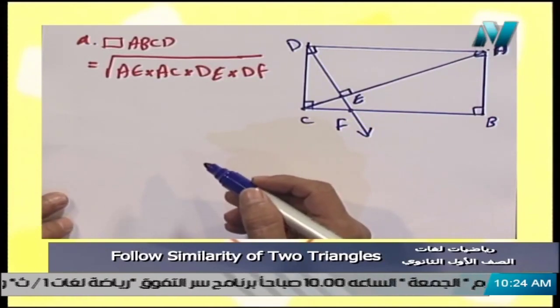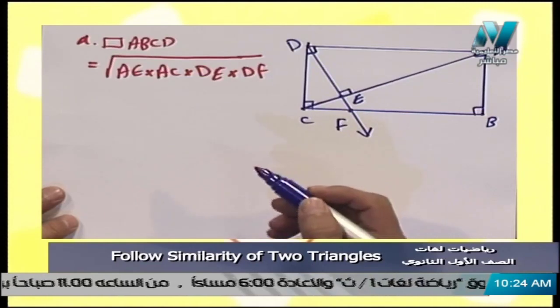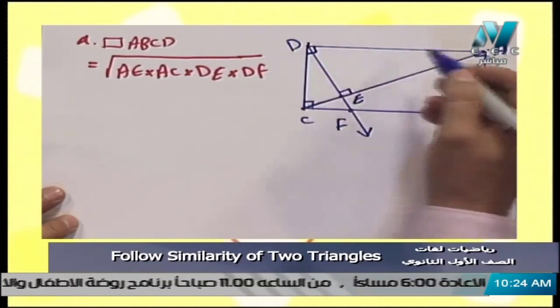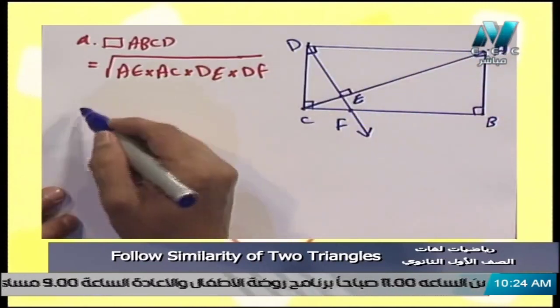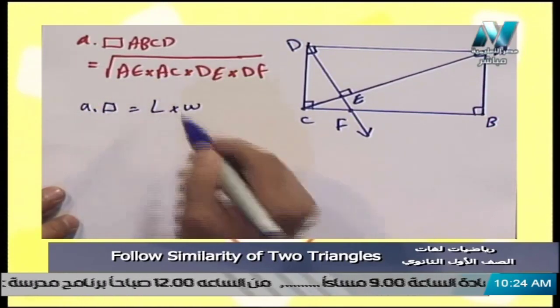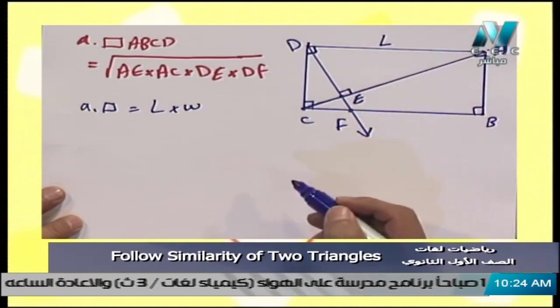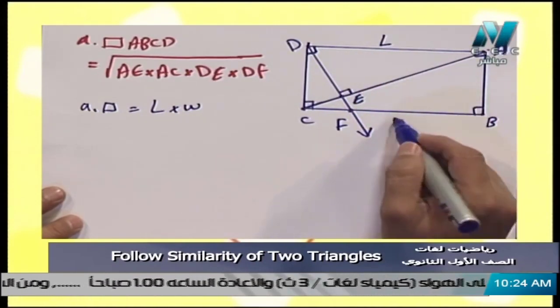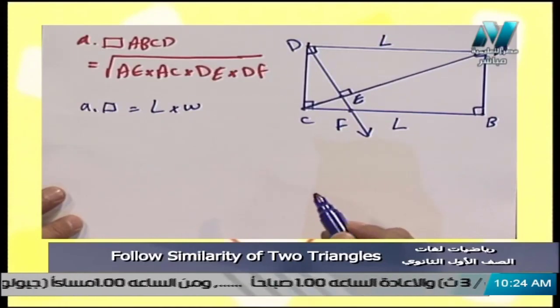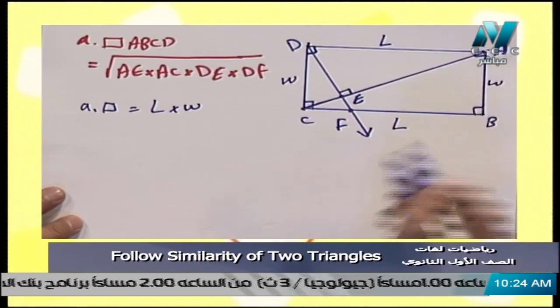So someone may wonder why we say AD. We know that the area of a rectangle equals length multiplied by width. So where is the length? Length here is DA, which is equal to CB, and the width of course equals DC, which is equal to AB.